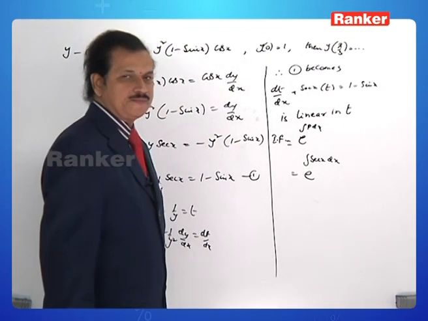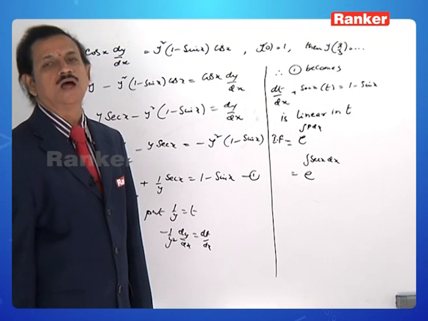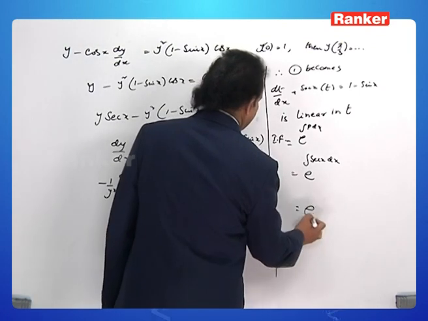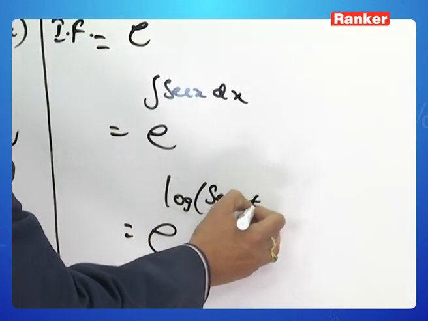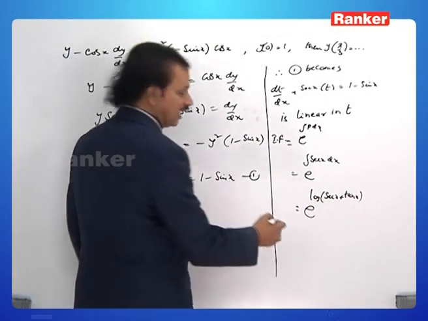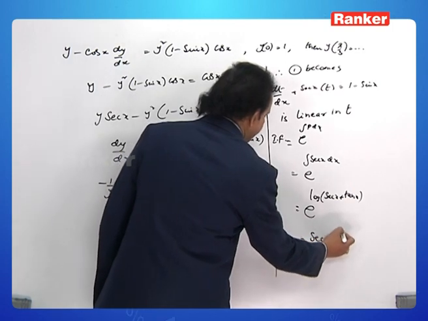Let us recall from the knowledge of indefinite integrals, what is the integral of secant x? Log mod secant x plus tan x. This is equal to e power log mod secant x plus tan x. Secant x plus tan x. As it is e power log after the base e, of course, is nothing but secant x plus tan x.